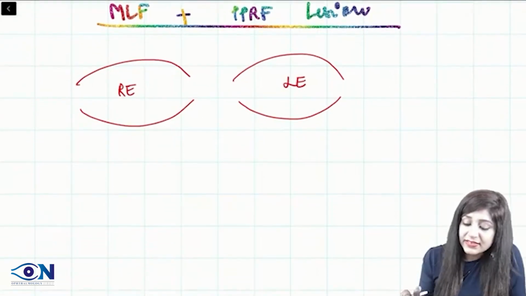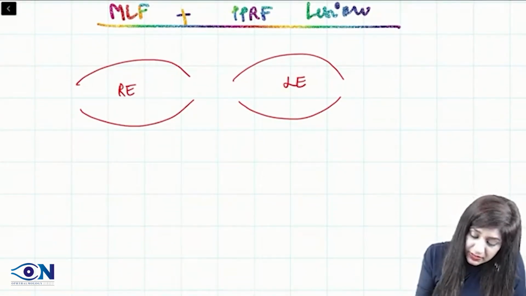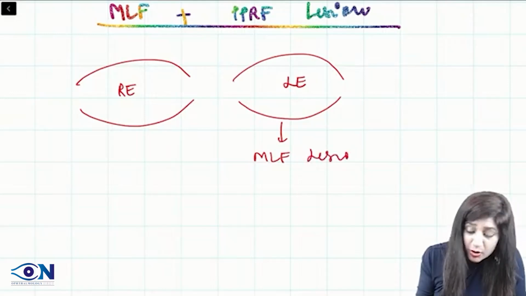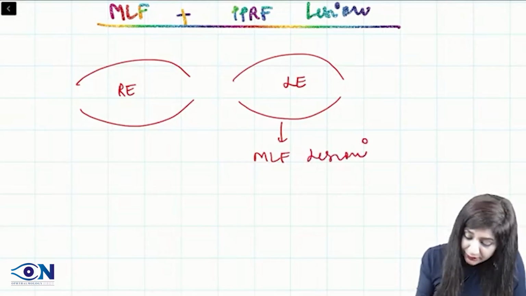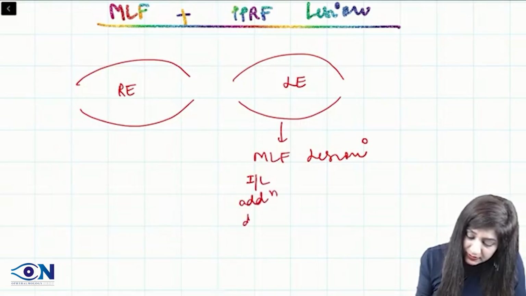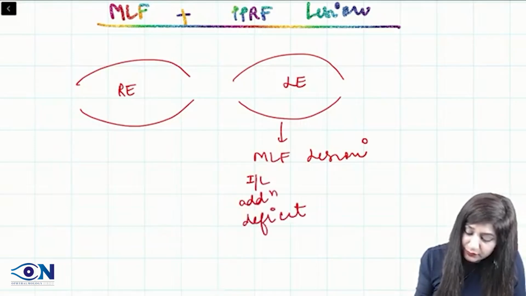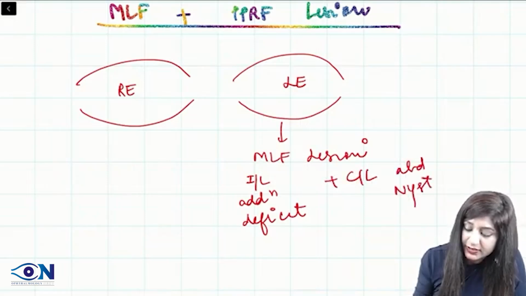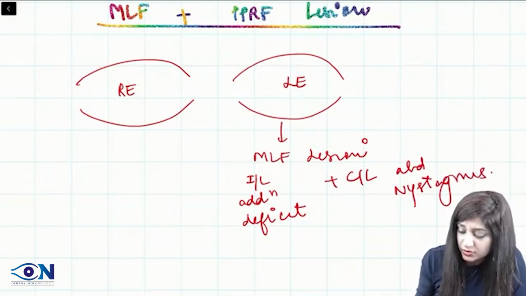Okay, now you can see that if I am having the MLF lesion here, because of the MLF lesion, we will have the ipsilateral adduction deficit, and we have the contralateral abduction nystagmus. This you already know from your MLF lesion.